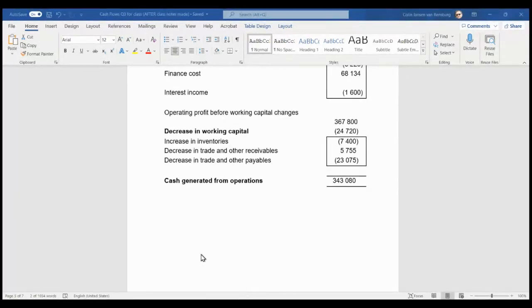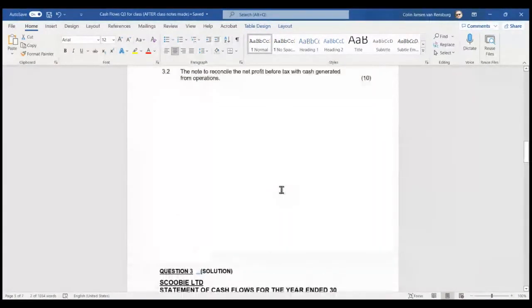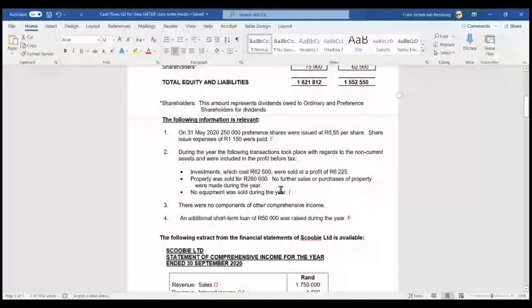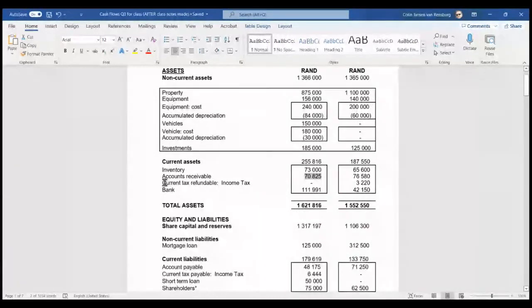Just before we look at the next one, ladies and gentlemen, and the next one is our trade and other payables, I just want to ask you a little bit of a trick question again. When we were there, we saw there's another current asset, called current tax refundable, income tax.